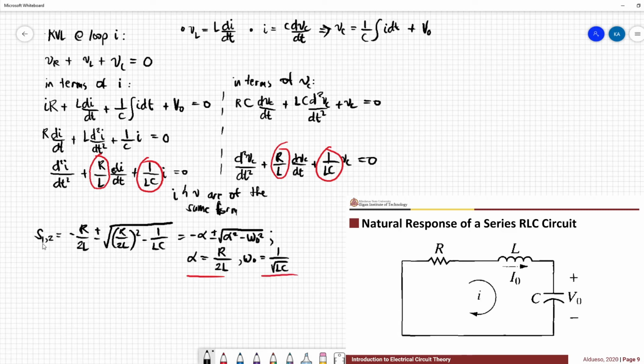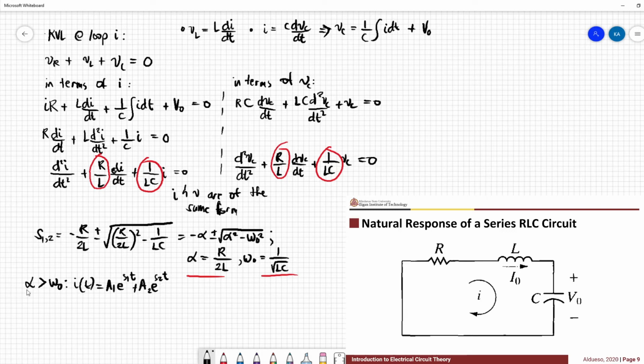So the same cases apply to the series RLC circuit. So we have overdamped, critically damped, and underdamped. Overdamped is where alpha is greater than omega naught. So the expression, for example, i(t) is equal to A1 e to the S1t plus A2 e to the S2t.